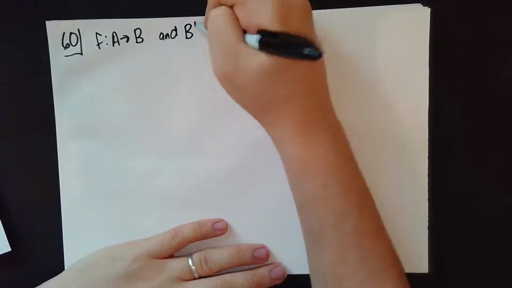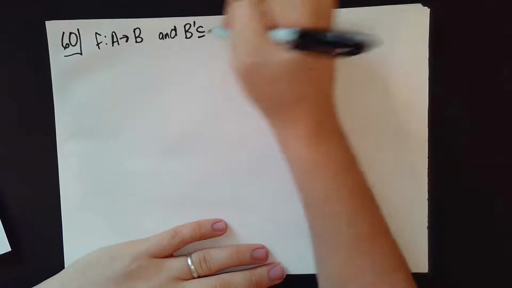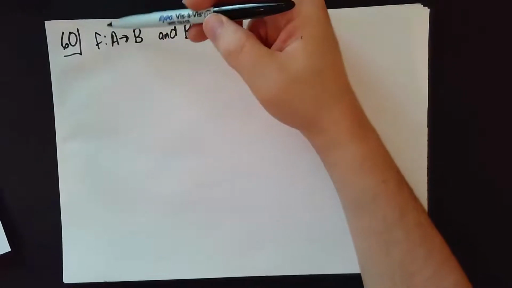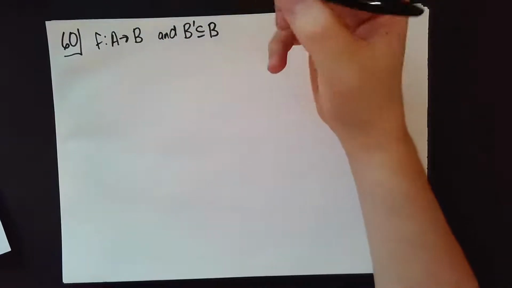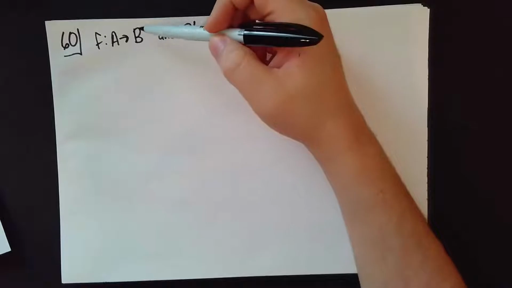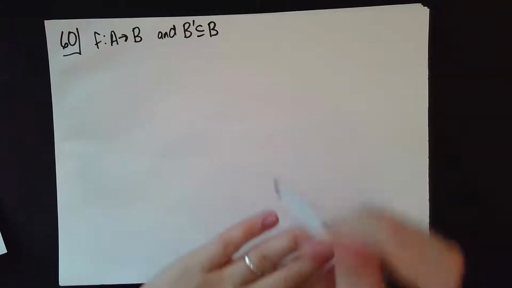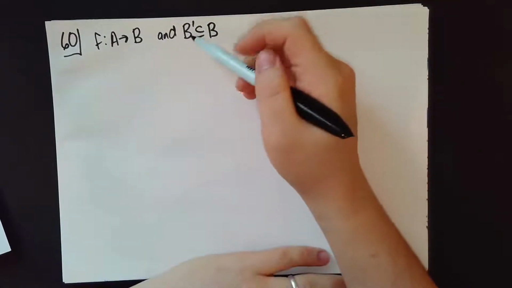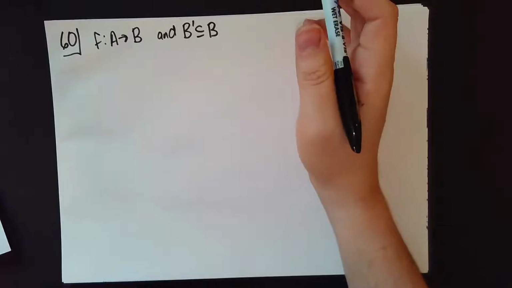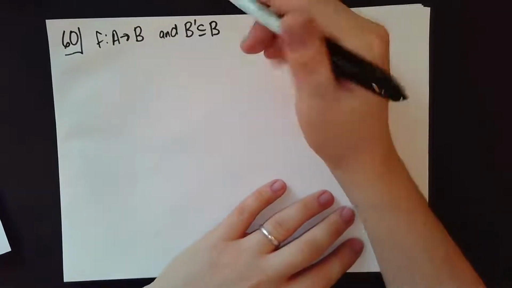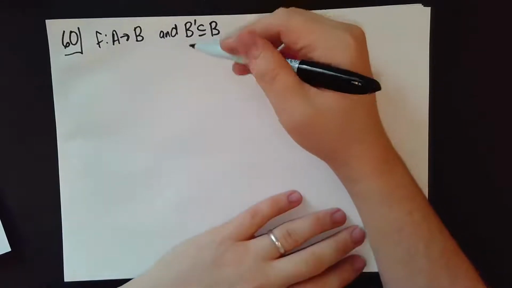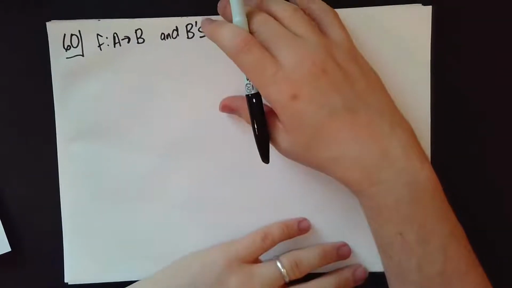So the setup for this definition is that I have a function f from A to B, and I've chosen some subset B prime of B. And this prime, by the way, has no significance other than to say this is some set that's in some way related to B. So the prime is just saying it's some other set. I could have called it C if you'd have preferred, or whatever. The prime certainly doesn't have any special meaning.